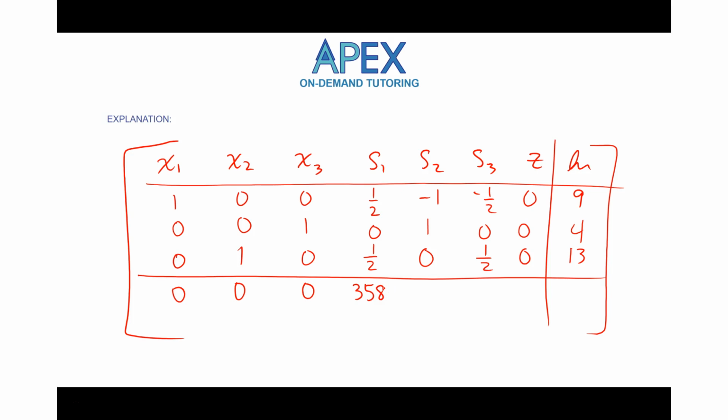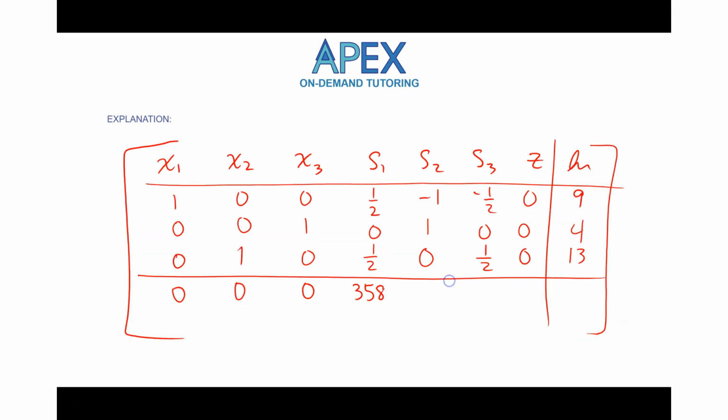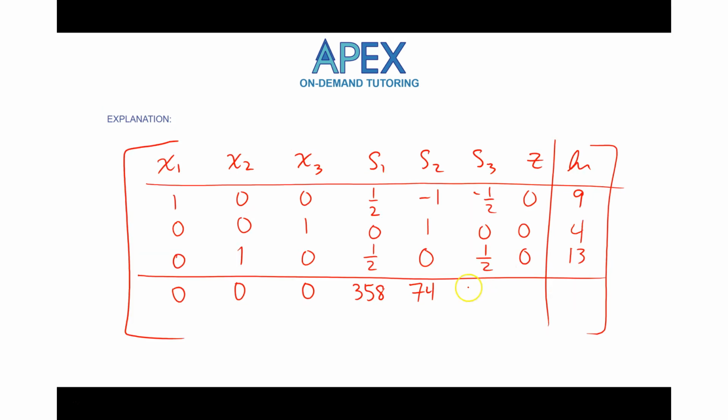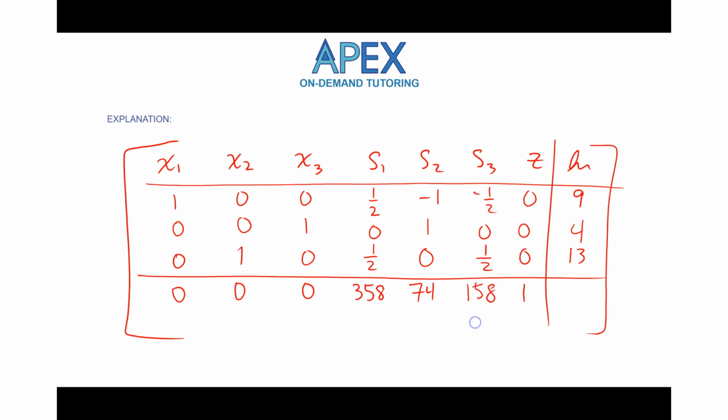We don't care about that. Now we're going to have to take 790 and add 716 times -1, but that's okay because I still have a positive number. And then I'm going to have to do 516 plus 716 times -1/2, which turns into 158, and z is 1.